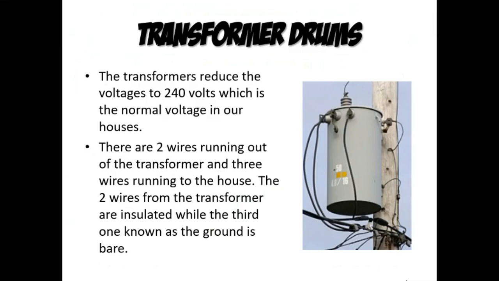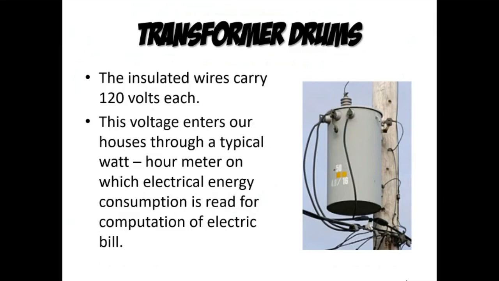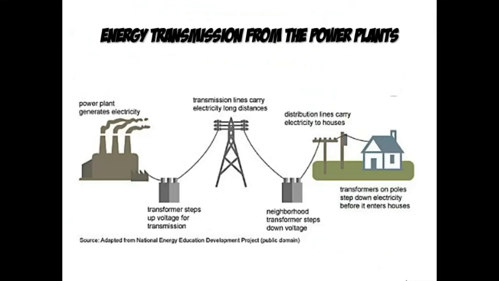The two wires from the transformer are insulated, while the third one, known as the ground, is bare. The insulated wires carry 120 volts each, and this voltage enters our houses through a typical watt-hour meter on which electrical energy consumption is read for computation of electric bill.